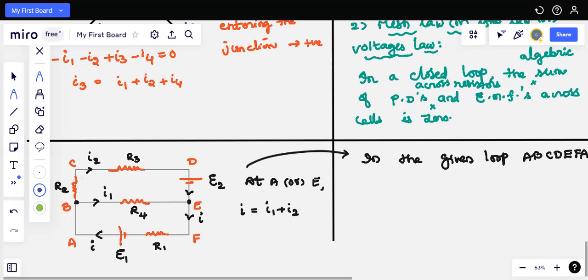By using Ohm's law, I into R. Here the current we assume as I2 through this branch, so I2 into R2. Later we put the sign convention. The same current passes through R3, so the potential difference across the third resistor is I2 into R3.